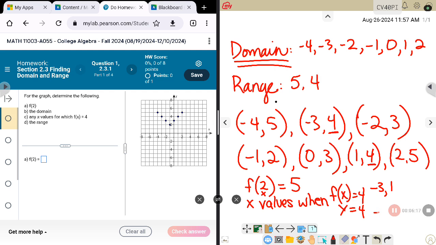Next point's y is a 4. Next one's a 3. Next one's a 2. Then the next one's 3 again, but I already have 3. And I already have the last 2 y values also, 4 and 5. So the range of this would be 5, 4, 3, and 2.